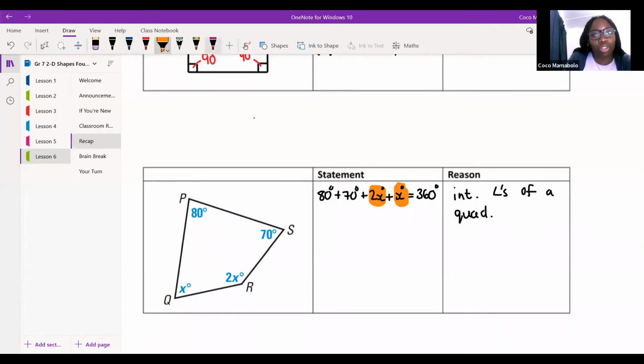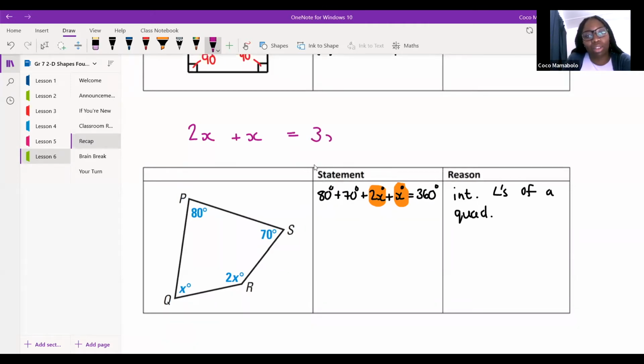So I'm going to ask you guys now, if I have two x's and I add an x, how many x's do I have? What is 2x plus x? Excellent, Enoch. Well done. So 2x plus x gives me 3 x's.